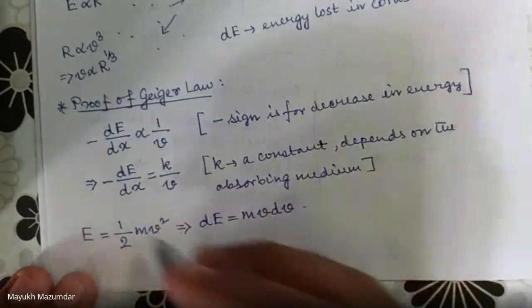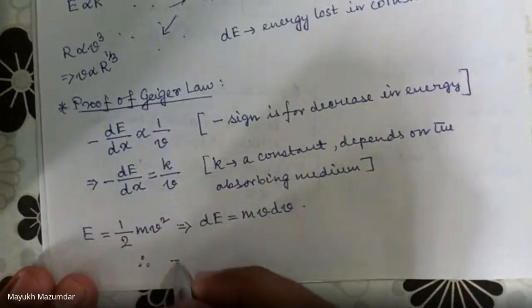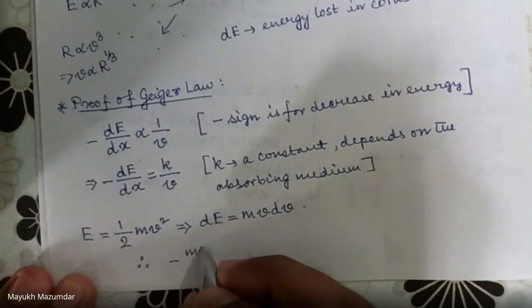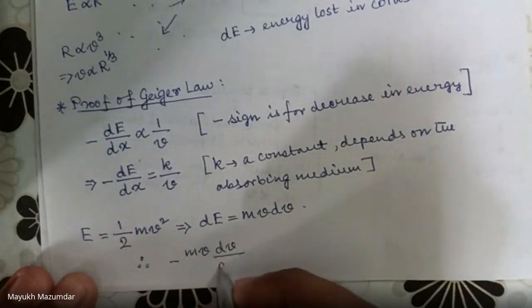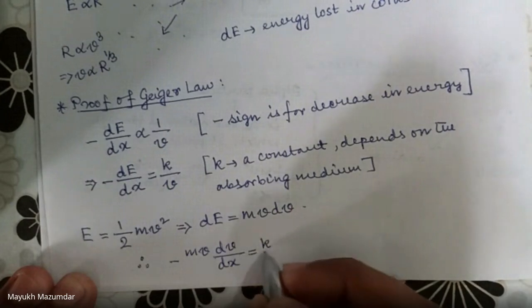So now from this equation we will get minus, instead of dE I can write mv dv by dx equals k by v.